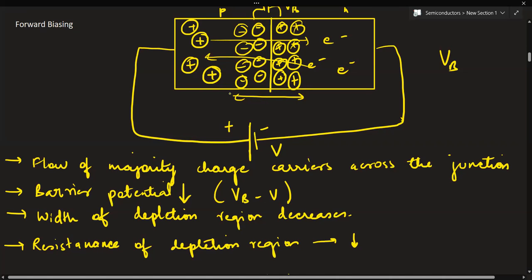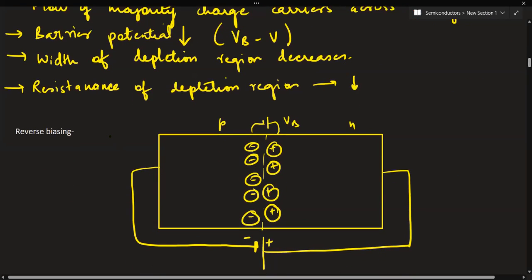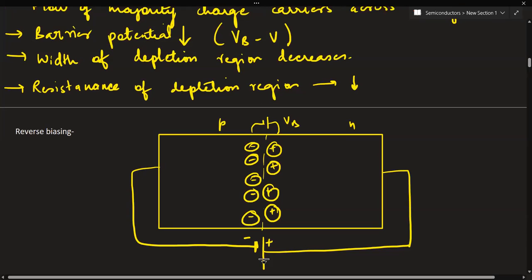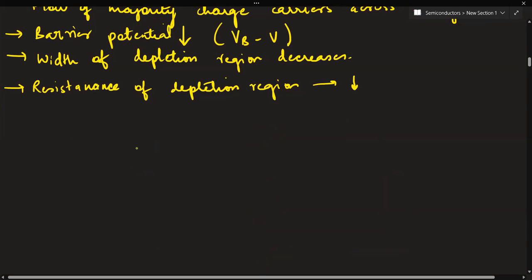So by this, the depletion region will widen itself. Now, if you represent it through a diagram, it will be in this manner. This is the P part, this is the N part.